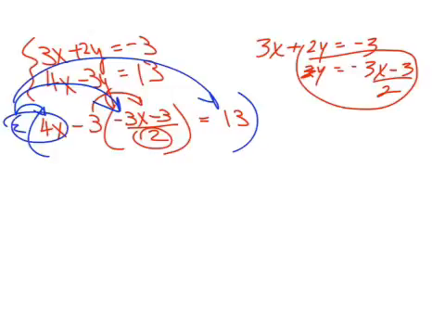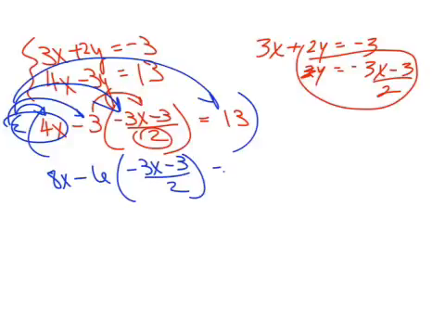So this times this is 8x, this times this is minus 6, and 13 times 2 is 26. I'm doing this different than the book does it. Surprise, surprise. Okay, this over that is 3.